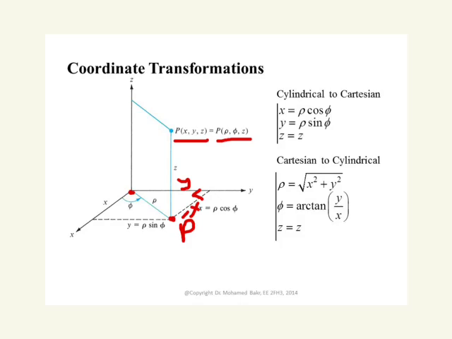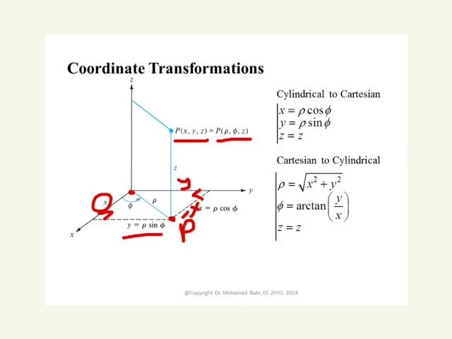Phi is the angle facing y, and it has x as well. From this edge and this edge, we can simply say that phi is the inverse tangent of y over x. Z is the same, it doesn't change.